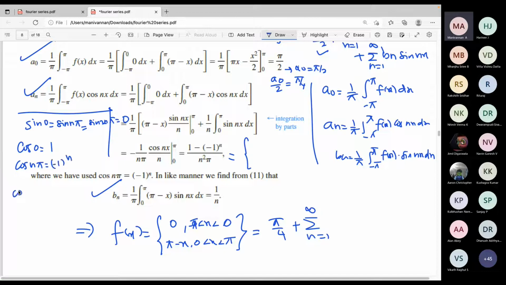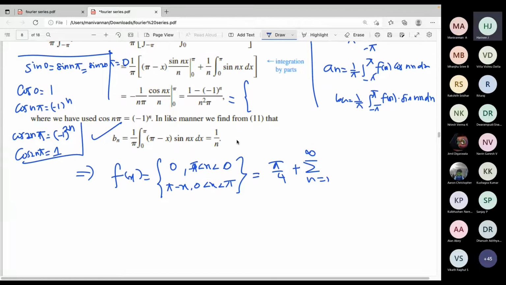Cos 2n pi is minus 1 to the power 2n, so for any n, it is an even number, so cos 2n pi is 1. Is it clear? Now this a n can be written as: when n is even, substitute some even number, then this should be positive, 1 minus 1, it is 0. When n is an odd number, this is one.